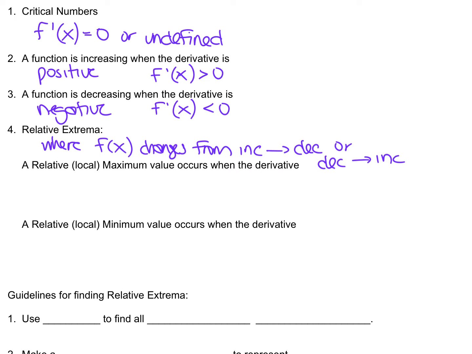So that was our definition of that last year in pre-calc because we only ever looked at the original function. So we said, okay, let's use our calculator and solve for that relative max because it switched from increasing to decreasing. Or let's solve for that relative min where it switches from decreasing to increasing. Well, if we're defining the function being increasing and decreasing differently now, let's see what we will know then based off of our derivative.